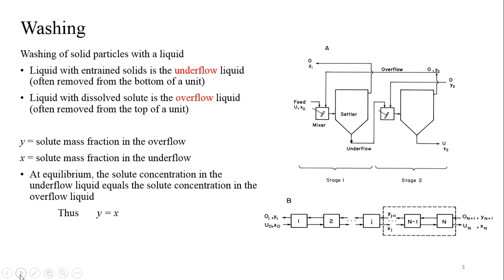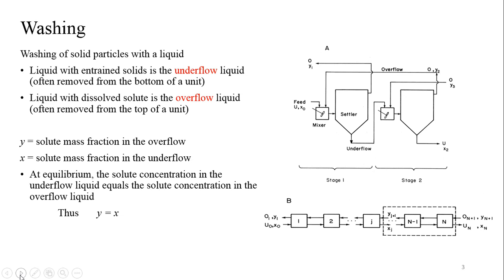So when we carry out a washing operation, we're essentially exchanging liquid. That's all we're doing. As a result, in many washing operations, at equilibrium, the solute concentration in the underflow liquid equals the solute concentration in the overflow liquid. And as a result, we have essentially that Y is equal to X once you've hit equilibrium.